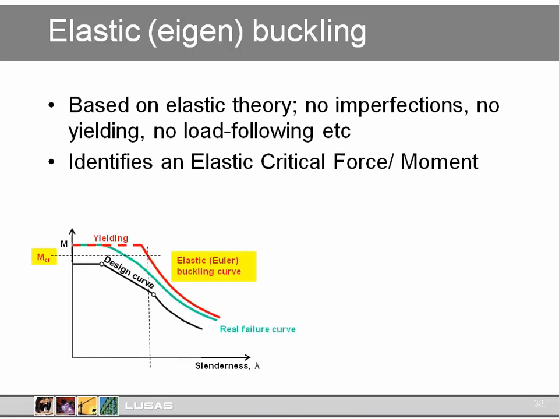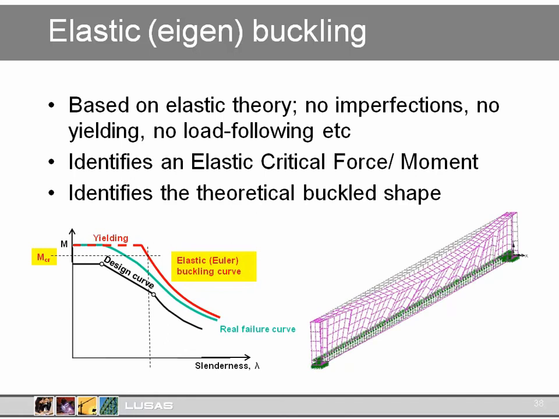An eigenvalue analysis of a simple strut will give you essentially the same result as a hand calculation based on the Euler formula in books, but of course using finite element analysis we can apply this to any structure under any load system with any support conditions, so it's much more flexible. From the analysis we identify the elastic critical force or moments, that's like a value on the red line, and we also identify a theoretical buckled shape.